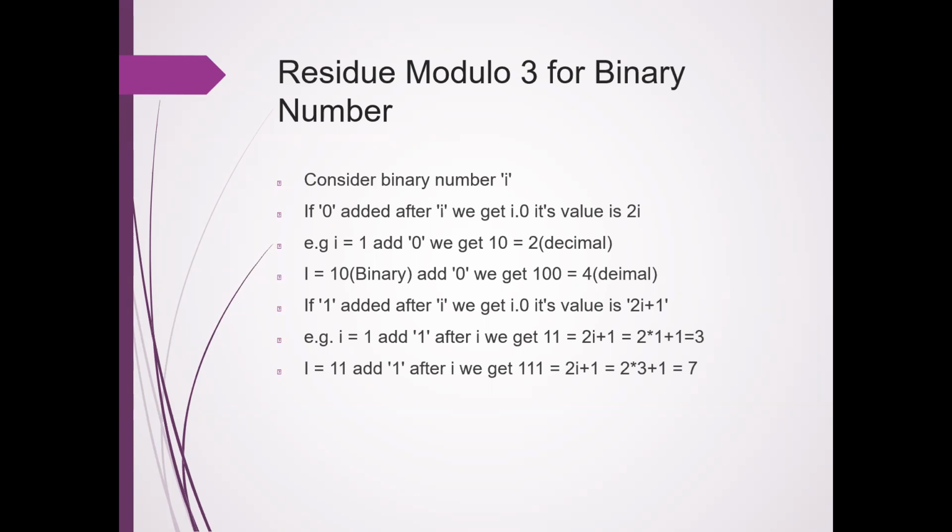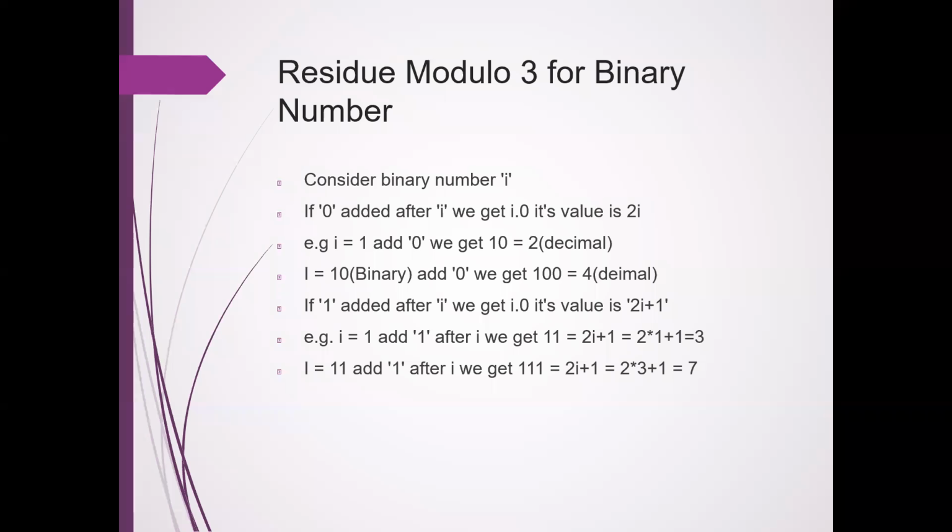So to that remainder, the next digit which can be concatenated is 0 or 1. Assume that to remainder 1, the next digit is 0. What is the decimal equivalent of binary 10? 2.